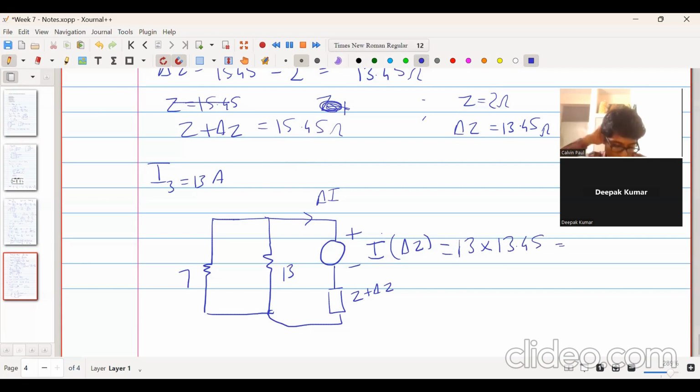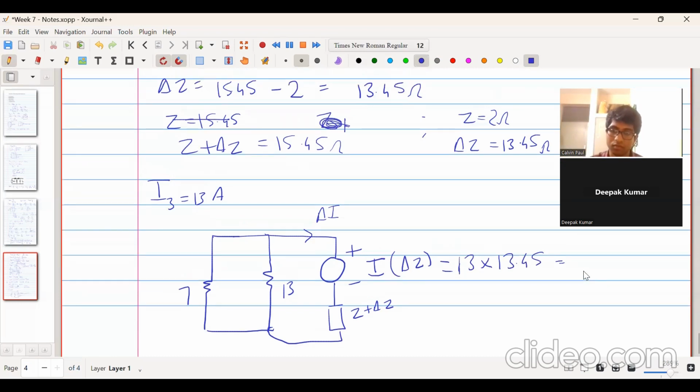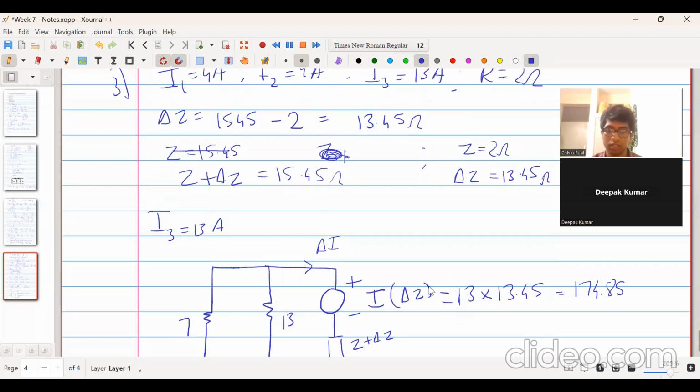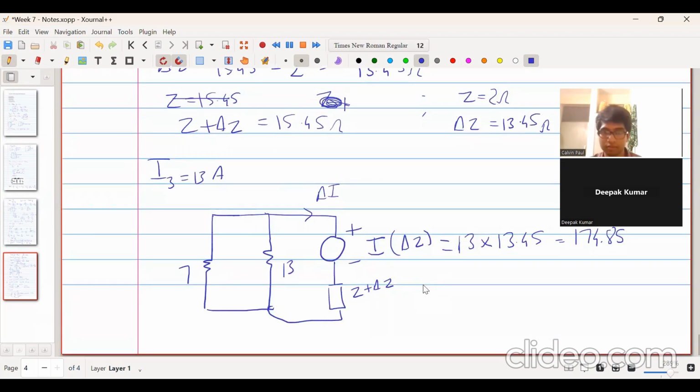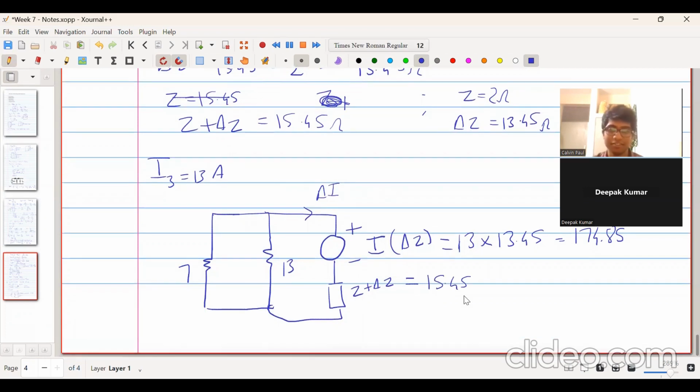What is 13 into 13.45? That is equal to 174.85. And what is Z plus delta Z? 15.45.